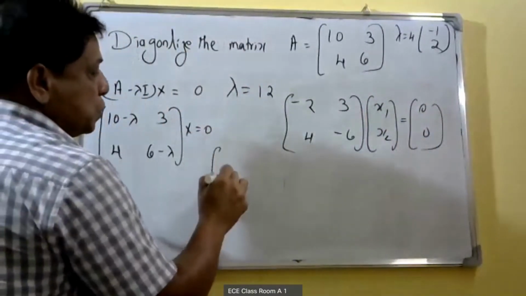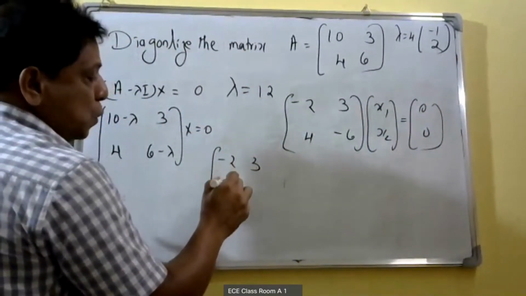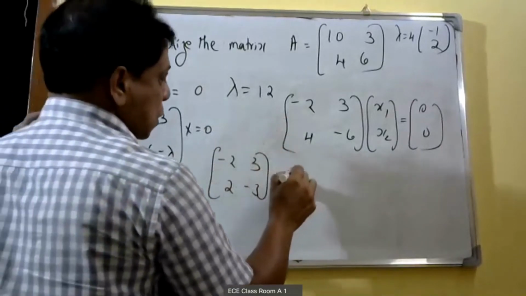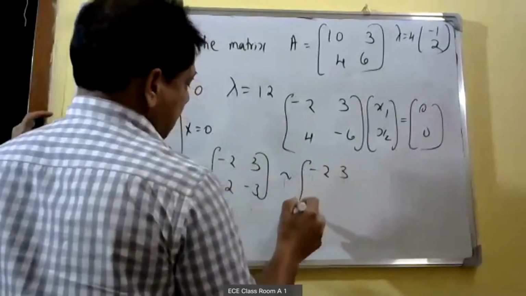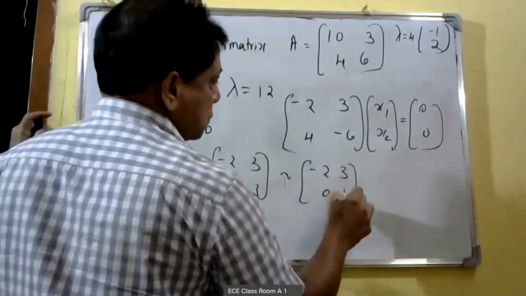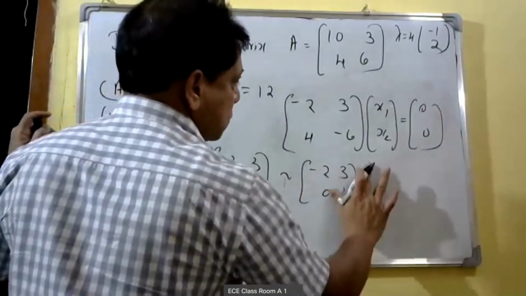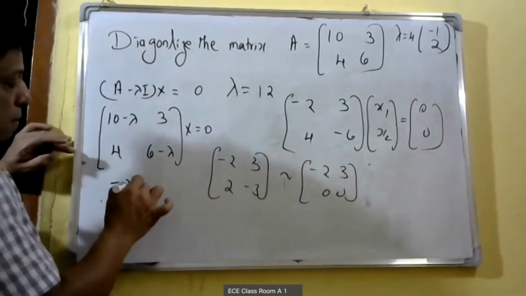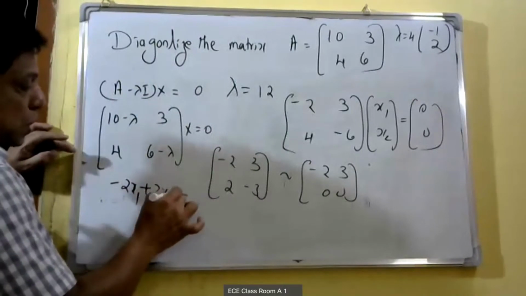Then, [minus 2, 3; 2, minus 3], which is equivalent to [minus 2, 3; 0, 0]. Therefore, our equation will be minus 2x1 plus 3x2 equals 0.